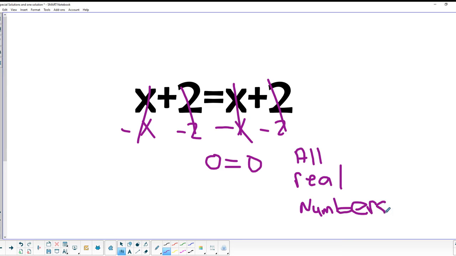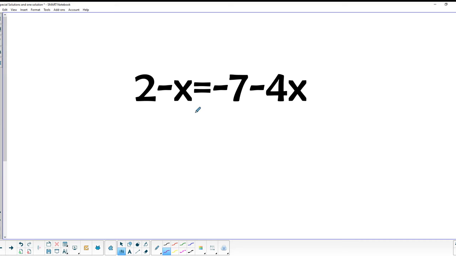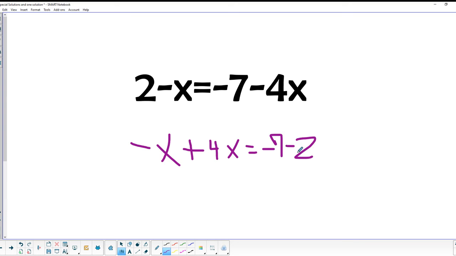So we've seen one of each kind now. Let's keep our trend going here. Okay, so let's do the rearranging part here. So we're going to have negative x plus 4x on this side equals negative 7 minus 2 on this side, and negative 1x plus 4x is 3x, and then we have negative 7 minus 2, that's negative 9.